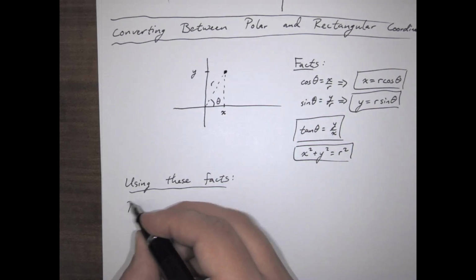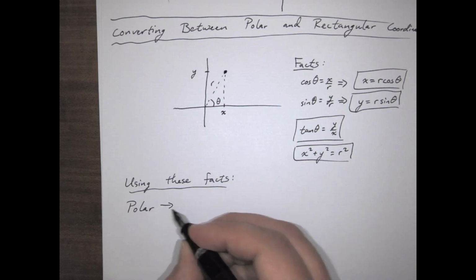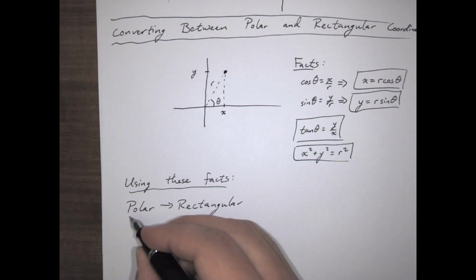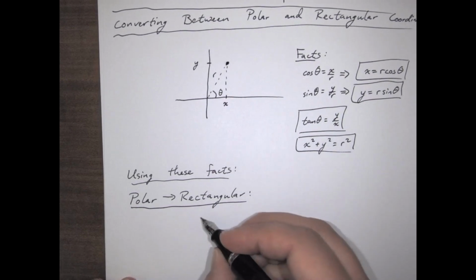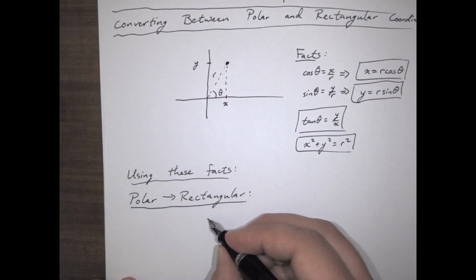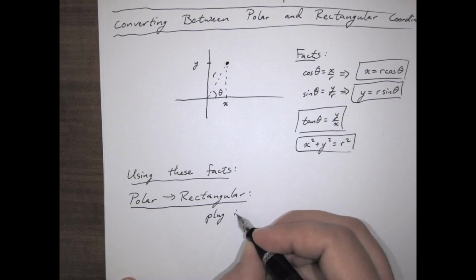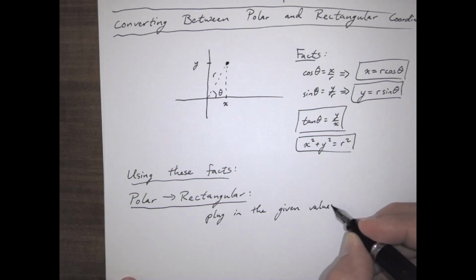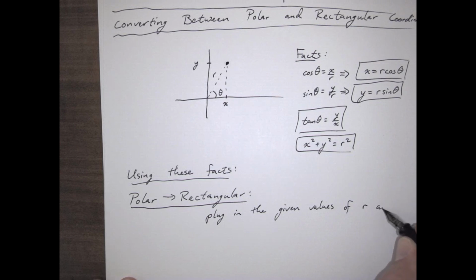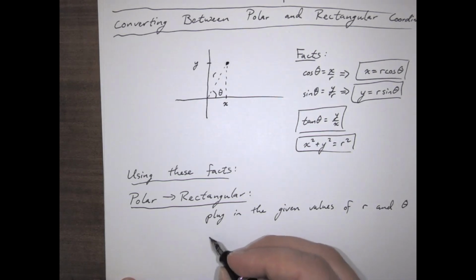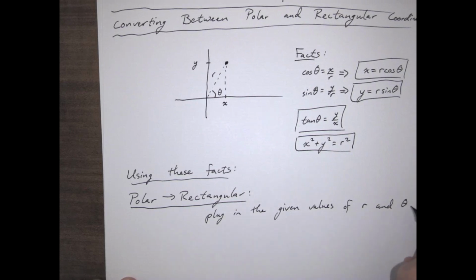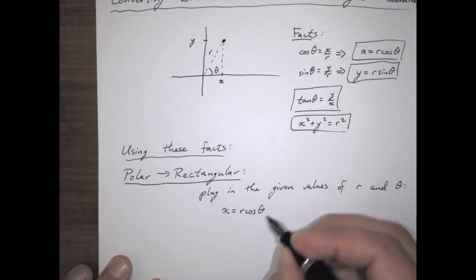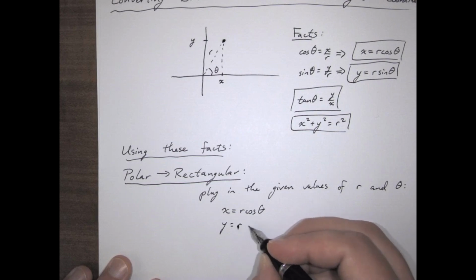So if it's polar to rectangular, then we just plug in values of r and theta, and the things we'd be plugging them into would be just x equals r cosine theta, y equals r sine theta.